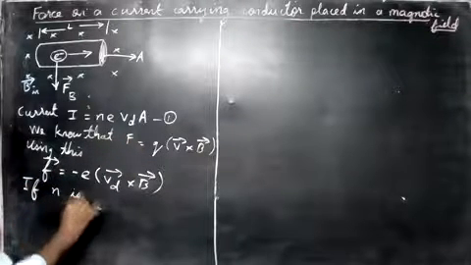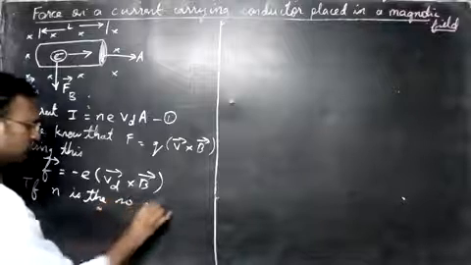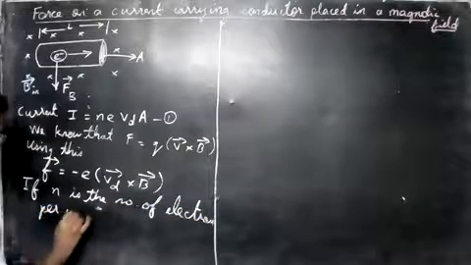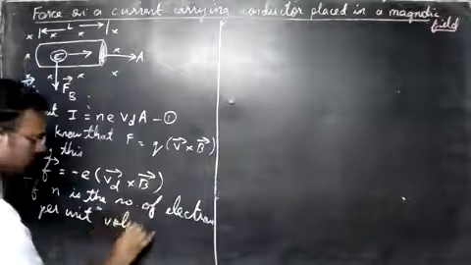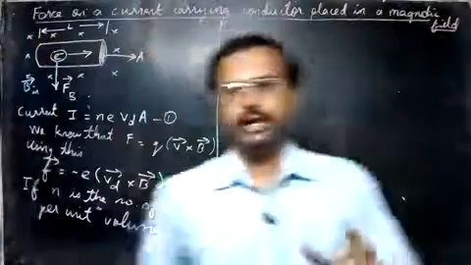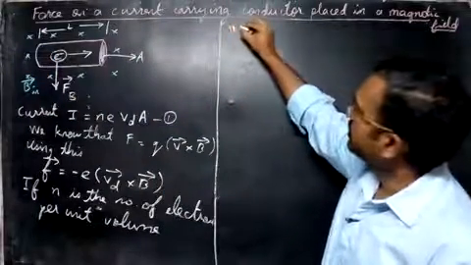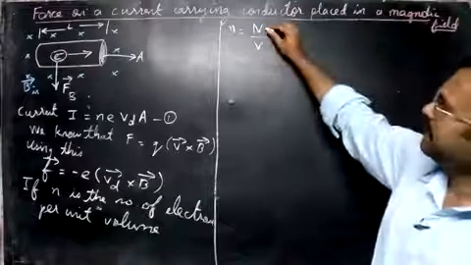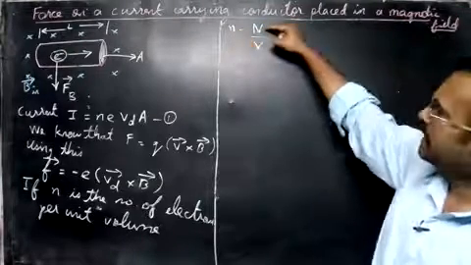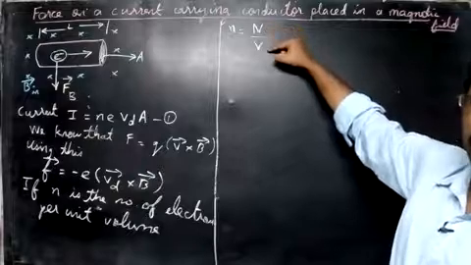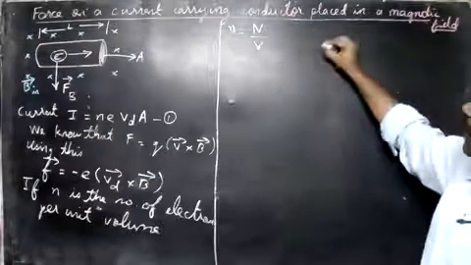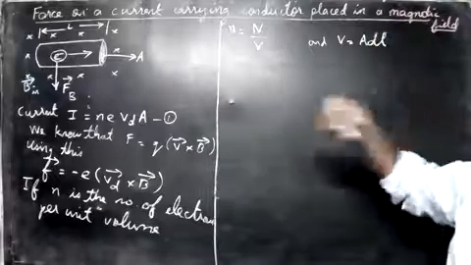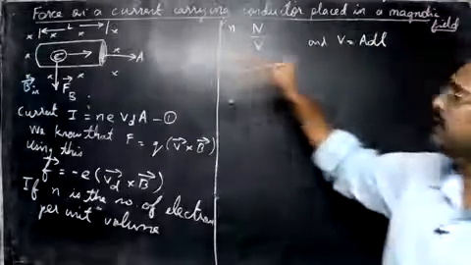If small n is the number of electrons per unit volume, then small n is equal to capital N by V, where capital N is the number of electrons and V is the volume. We also know that volume is equal to area into length, so we multiply area into length to get the volume.